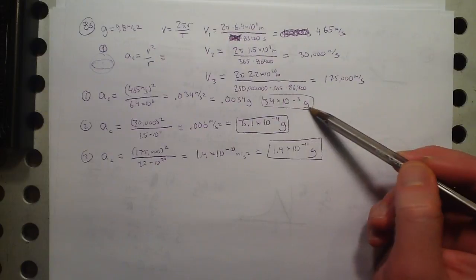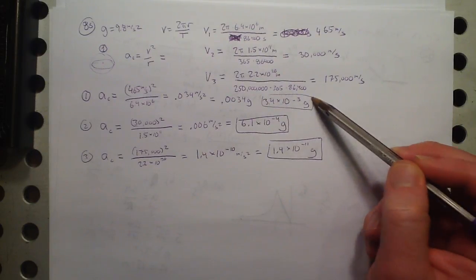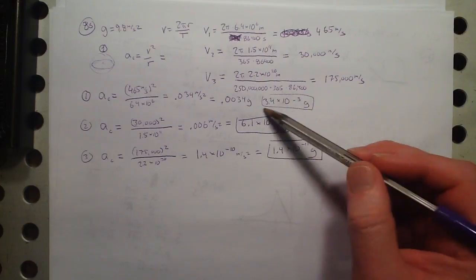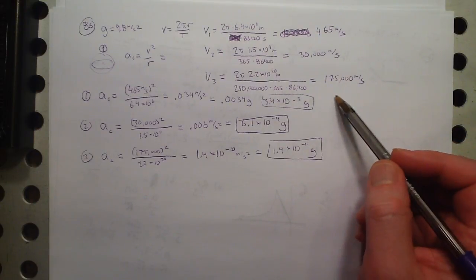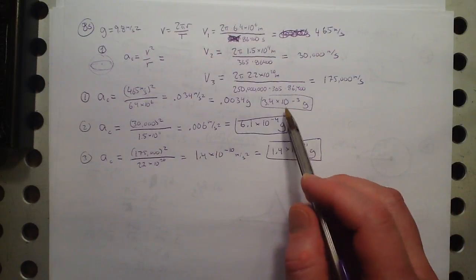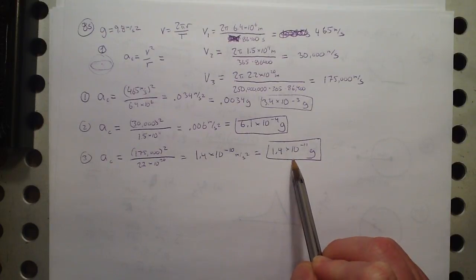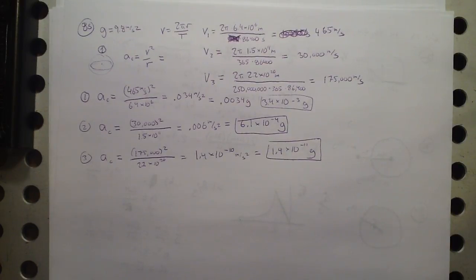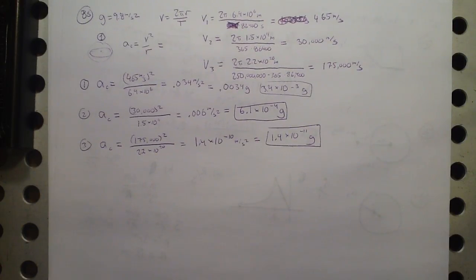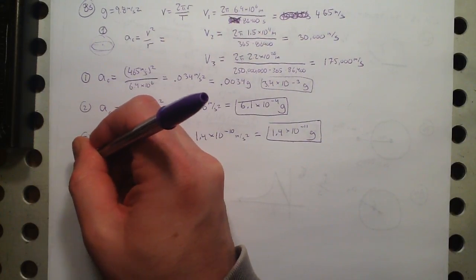That's how much acceleration is required to keep us moving in the circle that we're going in because we're on the Earth. So compared to the massive 9.8 meters per second squared that we're feeling because of the gravitational attraction, this is tiny, tinier, and like super ridiculously tiny. That's technical physics talk there. Super ridiculously tiny.